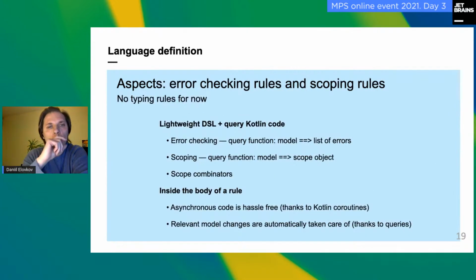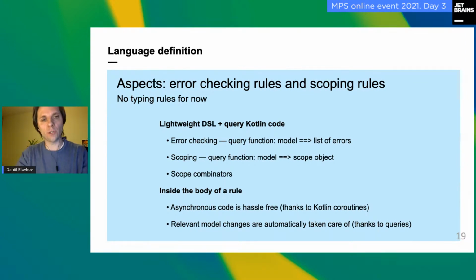Now I want to talk about language aspects that heavily rely on that query functionality. These are error checking rules and scoping rules. Saying right away, no typing rules are supported for now, and we're okay with that in BTB currently. Both of those aspects have definitions in the form of some lightweight DSL plus query Kotlin code.